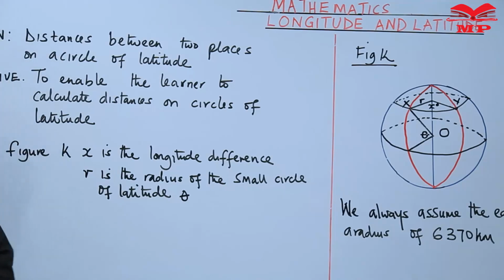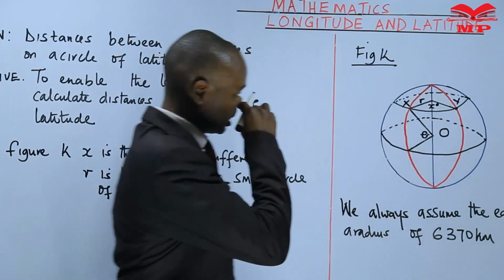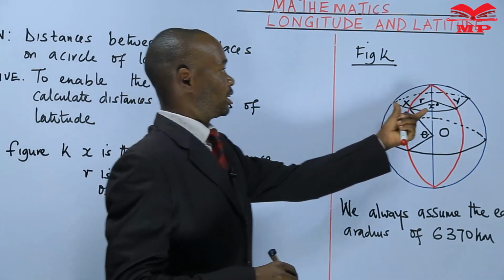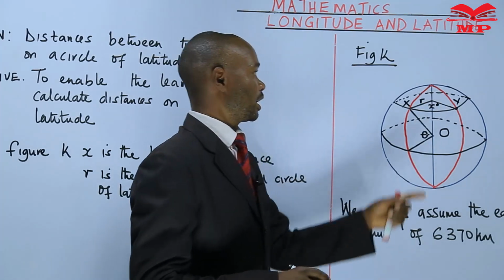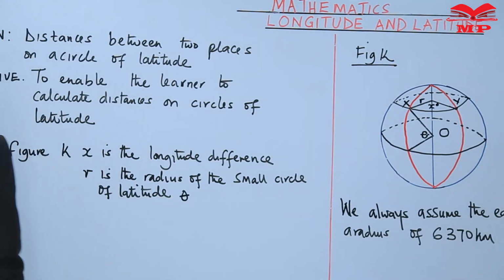Now we are interested in distance XY, and that is on a small circle.